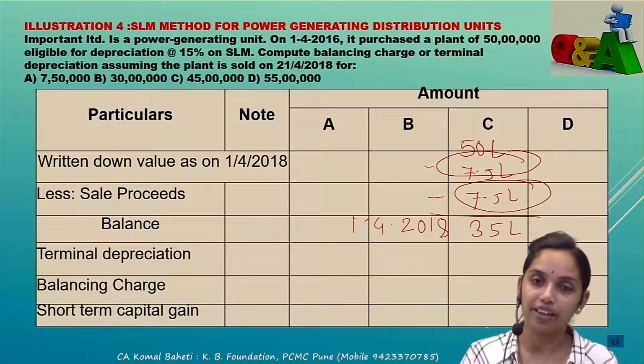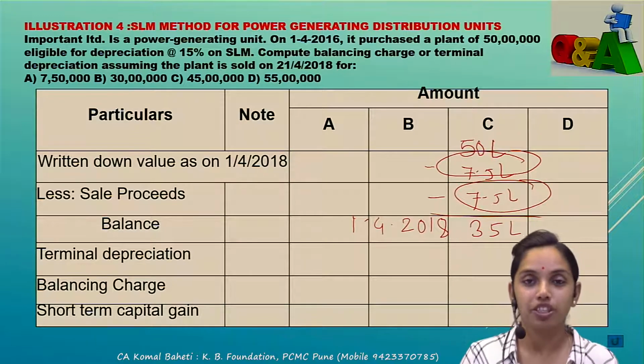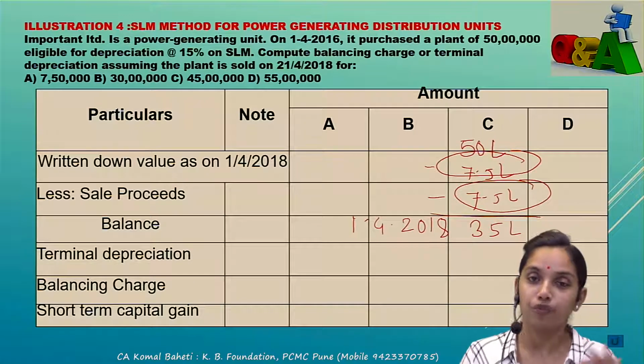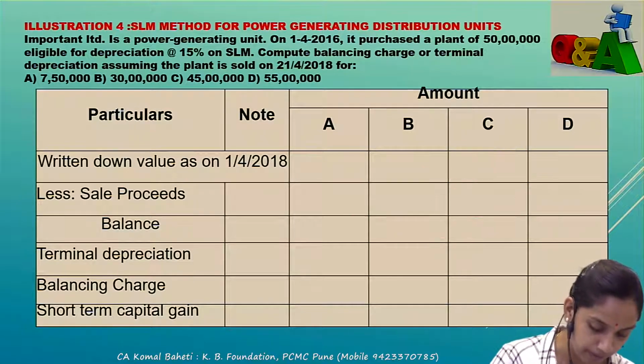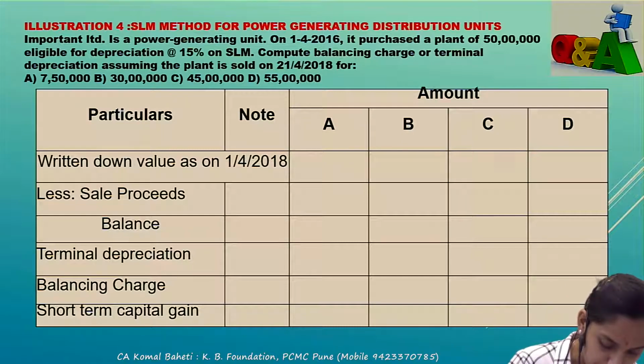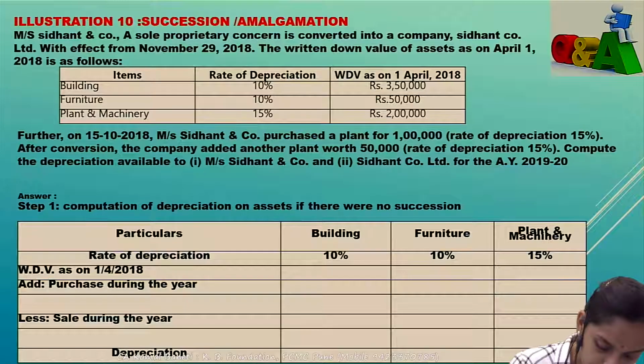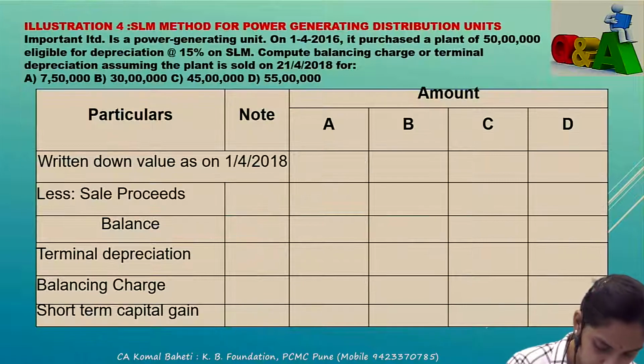So 7.5 lakh would be the depreciation amount. So for the 2 years combined, the depreciation would be 15 lakh. So 50 lakh minus the 15, 35 lakh is your WDV. So WDV is done with. 35 lakh is your WDV.